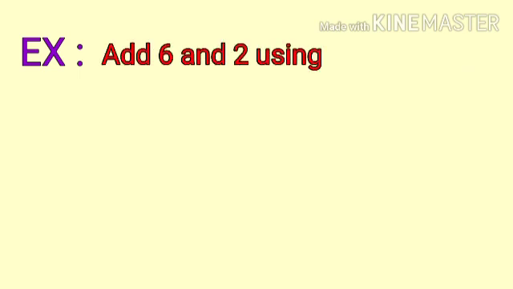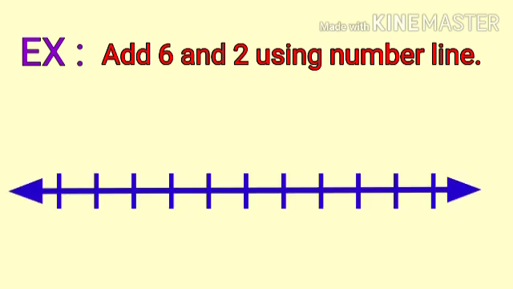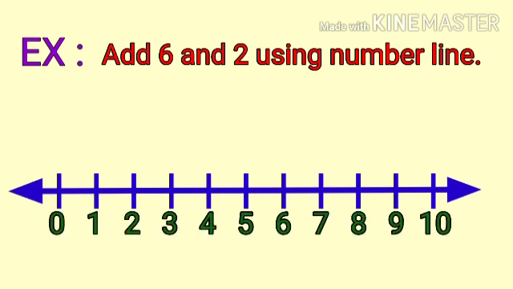Let us take one more example, that is add 6 and 2 using number line. Here also we need to take a number line marked with 0 to 10 numbers.